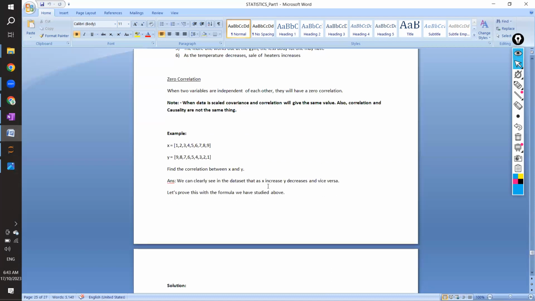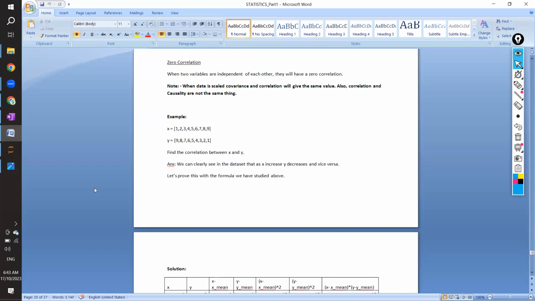Now let me show you an example. Here I'm considering a set of values x: 1, 2, 3, 4, 5, 6, 7, 8, 9, and y is exactly the opposite of this.